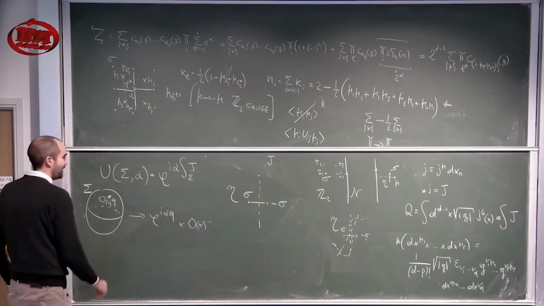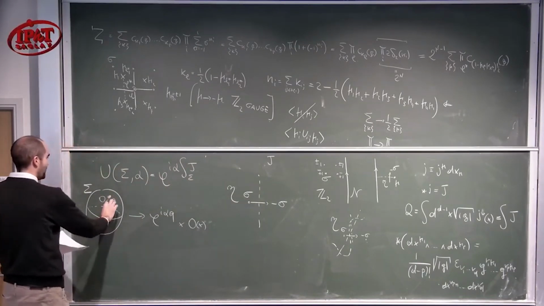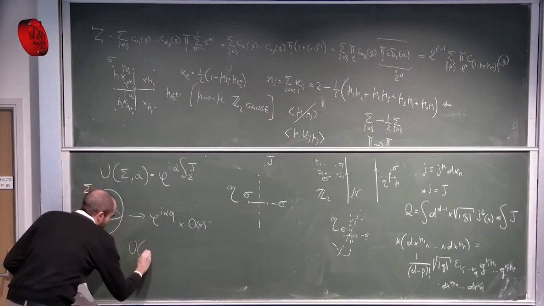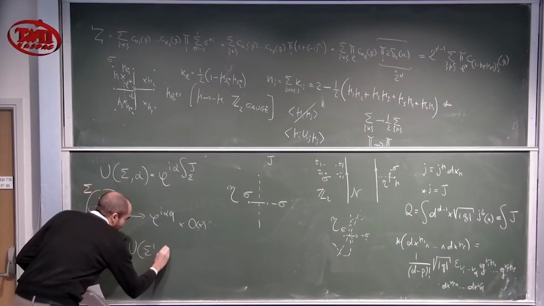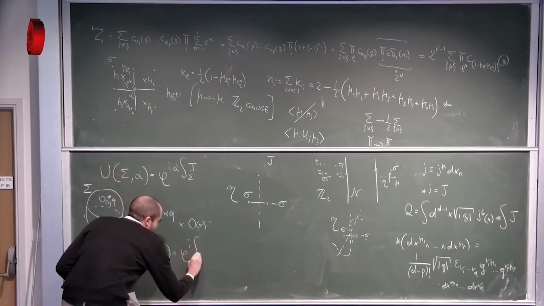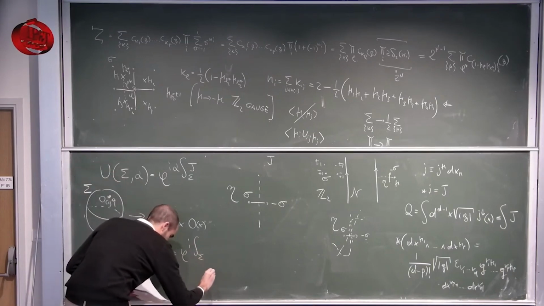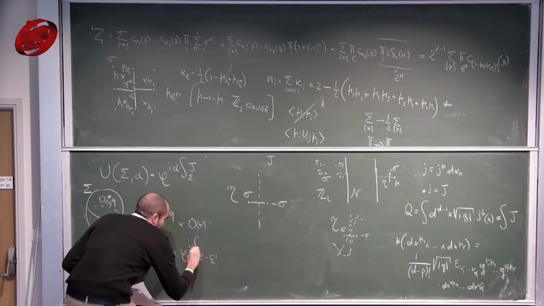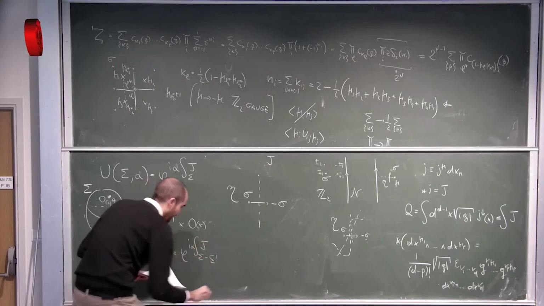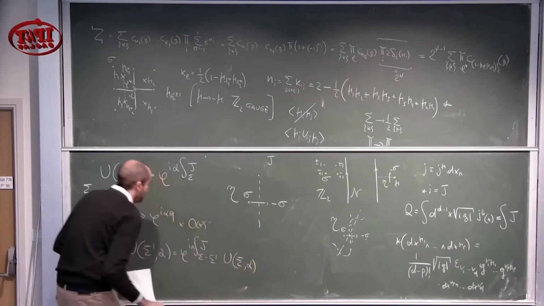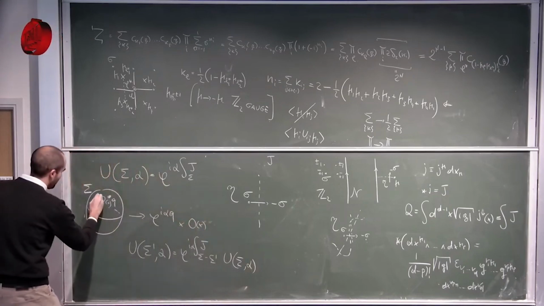So let's say that I deform the surface sigma. Then my U of sigma prime is just going to be e to the i alpha, integral over sigma minus sigma prime of j, times the original one. So this is sigma prime, okay?